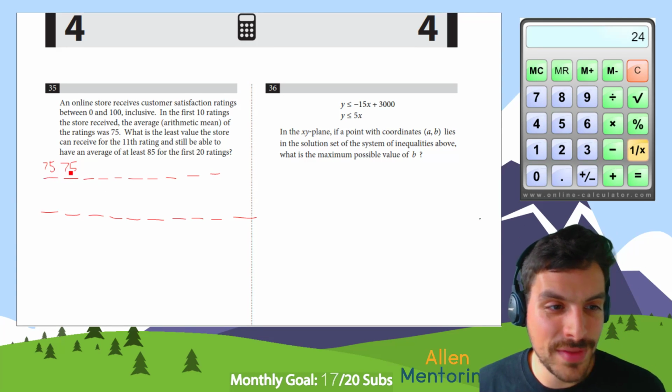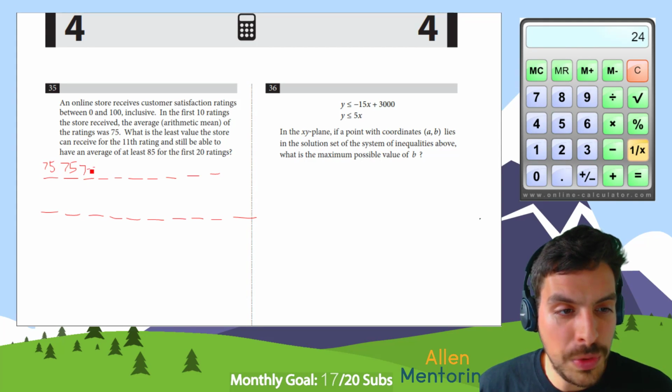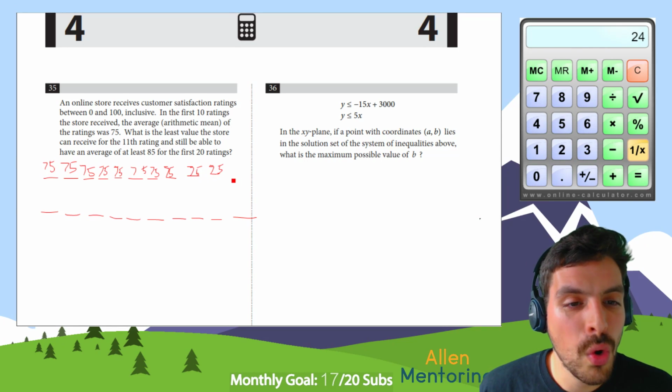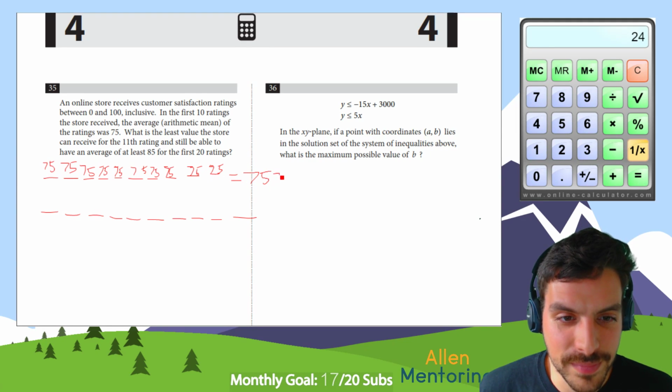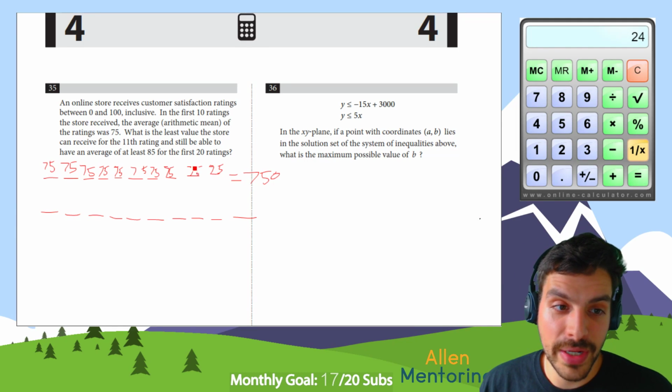Like this could be 70 and this could be 80 and it would still average 75. We don't actually have to know what they are. We just know that the average is 75. And that tells me that the total of the first 10 ratings is equal to 750.